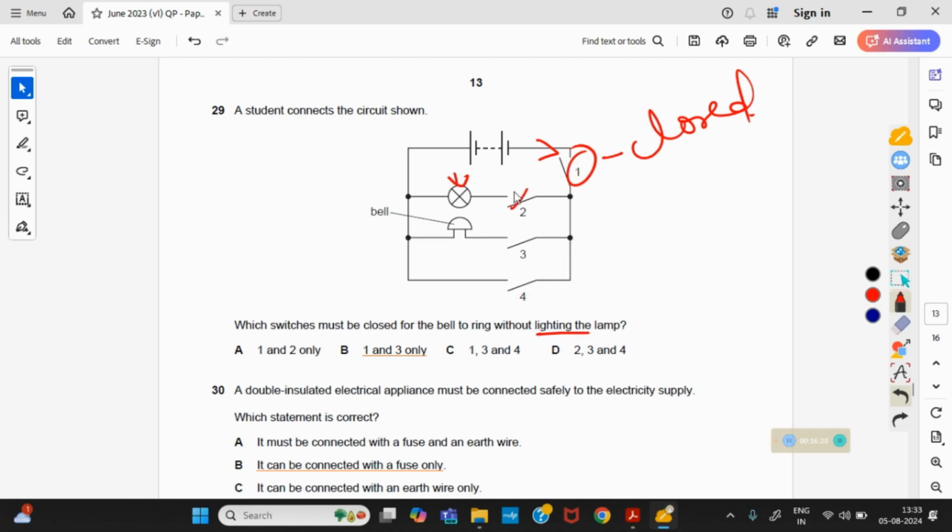So no need to close 2. It should be disconnected. This is a bell and we need the circuit closed for the bell to ring. So 3 must be closed. Yeah. So 1 and 3 only. Don't need to connect the fourth arm in the circuit. Yeah. Option B is right.